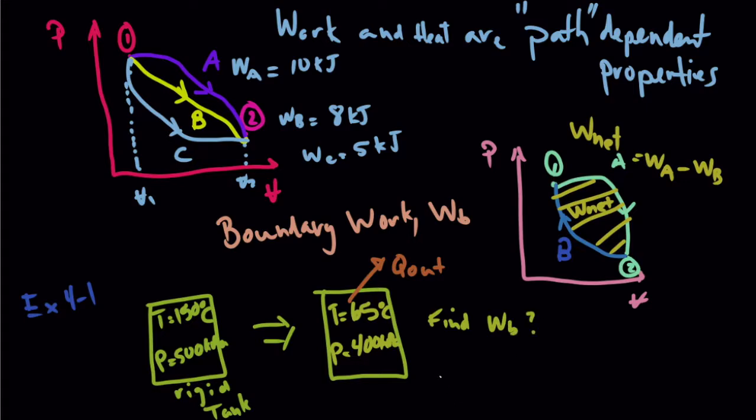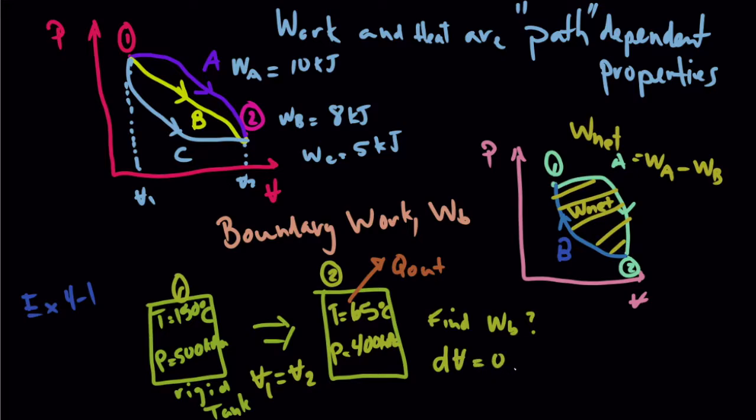Okay, well, right off the bat, this is a rigid tank, so if we consider this state 1 and this state 2, then the volume at 1 is equal to the volume at 2 because it's a rigid tank, and so there isn't an oscillating piston or anything, so the volume remains constant. Therefore, dV is equal to 0.